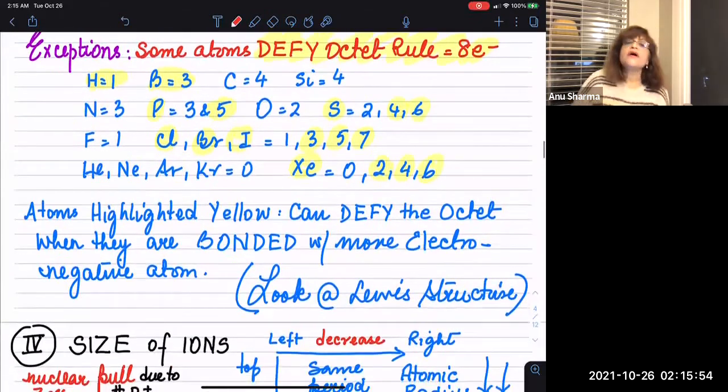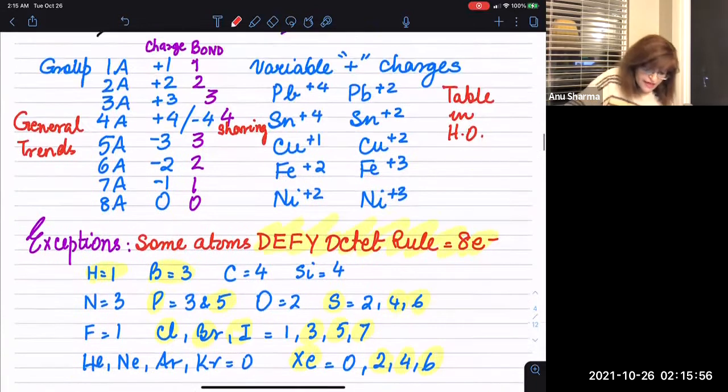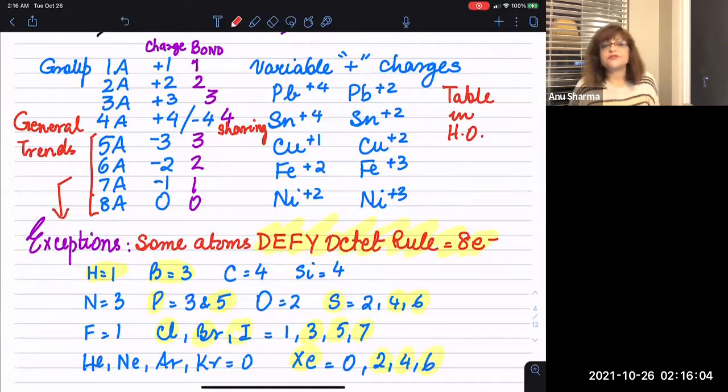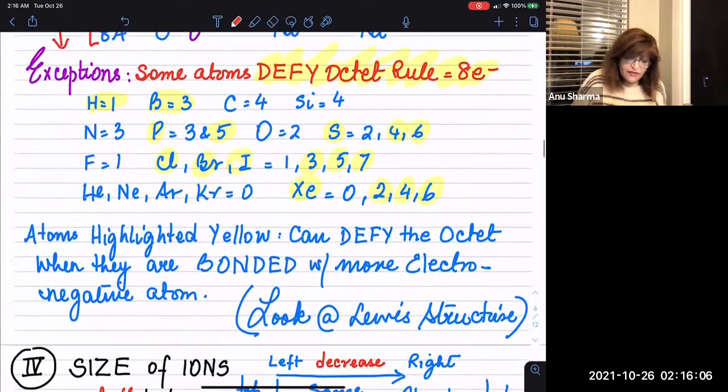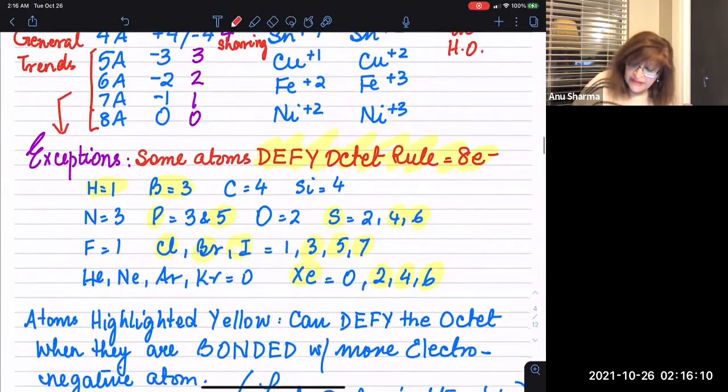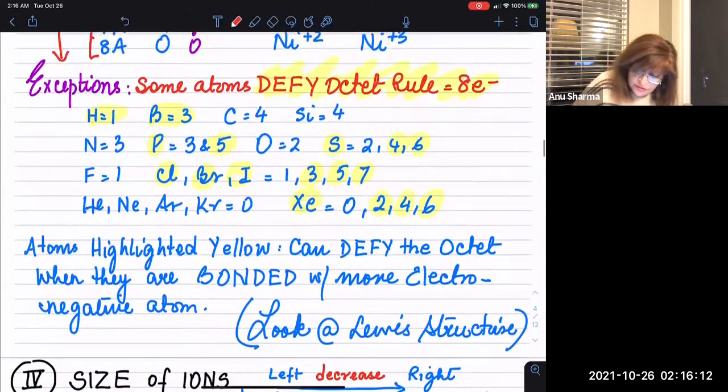Now in general, these are the exceptions to the trend: groups 5, 6, 7 especially, and 8 also. These show some exceptions. When it comes to the octet rule, it is the 8 electron rule, meaning 8 electrons in the last shell.